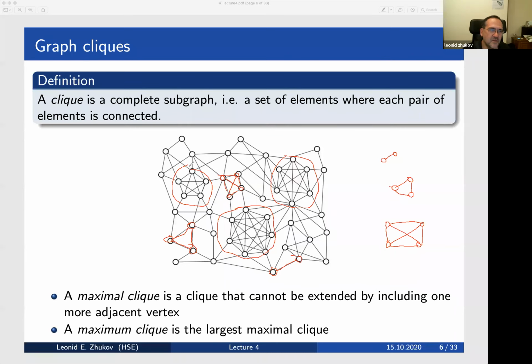But then I take those guys, say this 5, and I realize they are all connected, right? So what's interesting to us is to find not these cliques that are of size 1 to 3, but those that are the largest, right? And that's what's interesting.